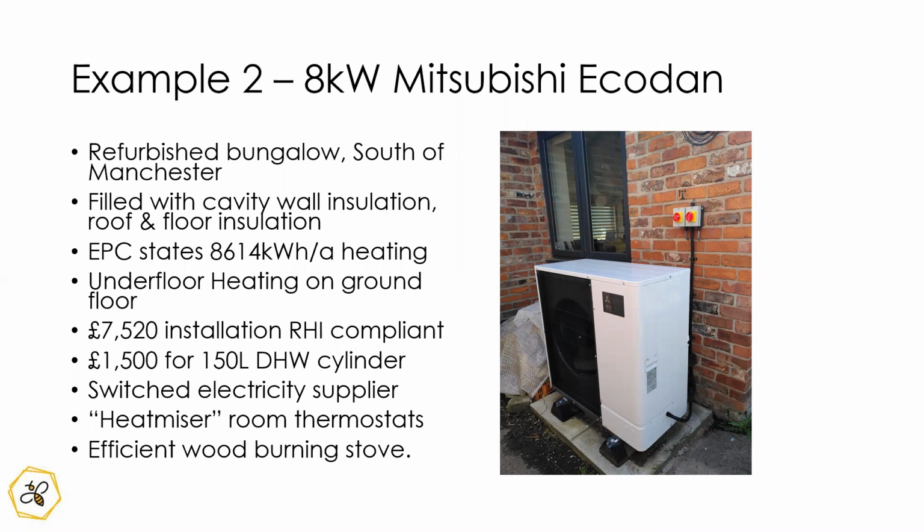She switched her electricity supplier for the agile tariff, and she's also got an electric vehicle, so that helps her with her charging. Her long-term plan is to have a power wall and solar panels, so it all stacks up from that point of view. The room thermostats are Heatmiser, which she said have driven her insane, but she's finally got the hang of them. These are all things that we will all learn to love and hate.